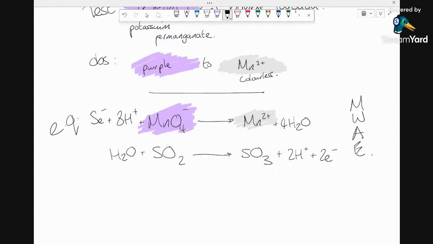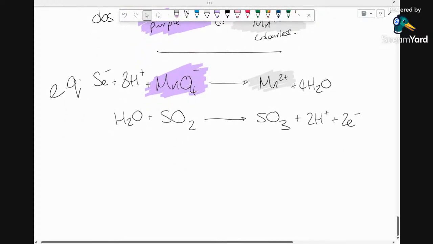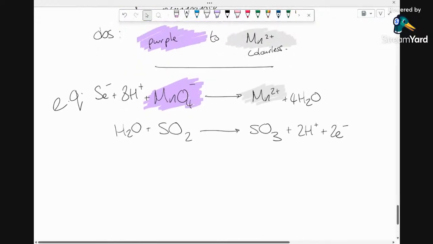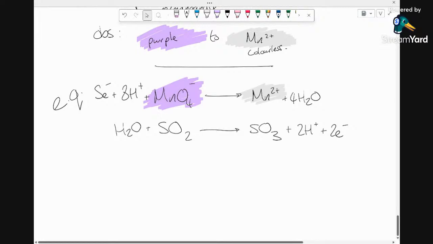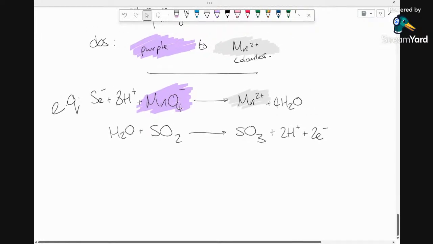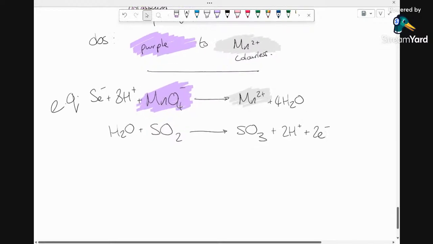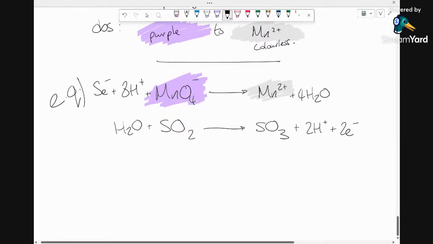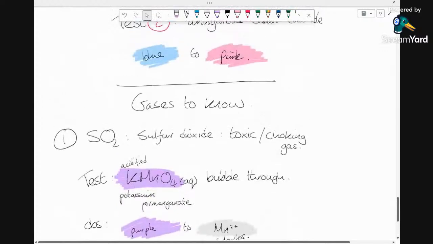We can blend them again, multiply this one by 2, multiply this one by 5, put them together for the overall equation. This is not a redox lesson, not getting into that. But that is essentially what's happening: it's being oxidized to something else. Because sulfur can exist as SO3 as well, we can do a simple test. You can also use potassium dichromate, by the way, which will go from orange to green, but they've never asked it, but they could. Anyway, so we can test for this gas.